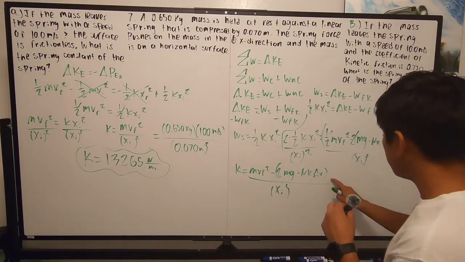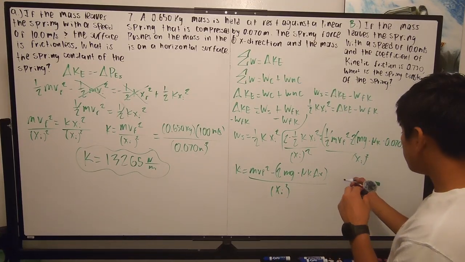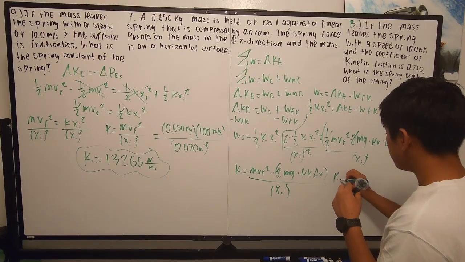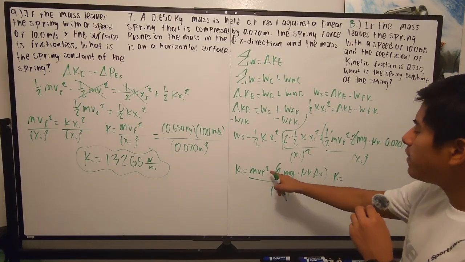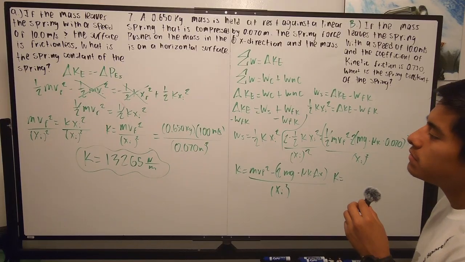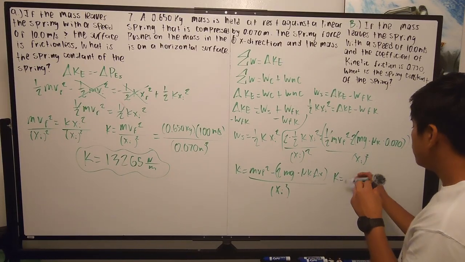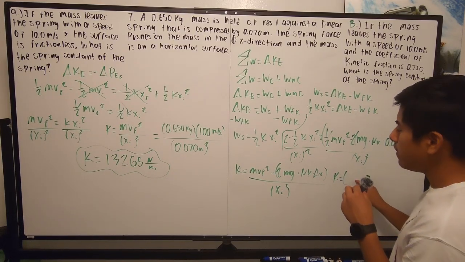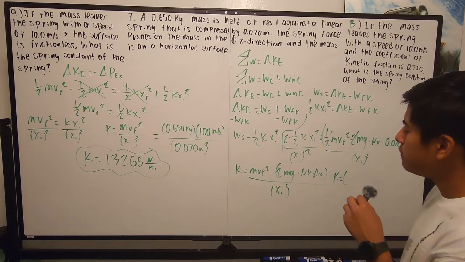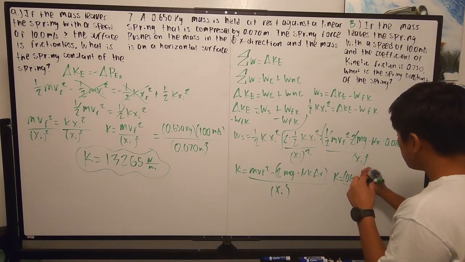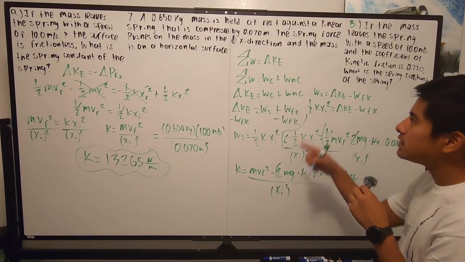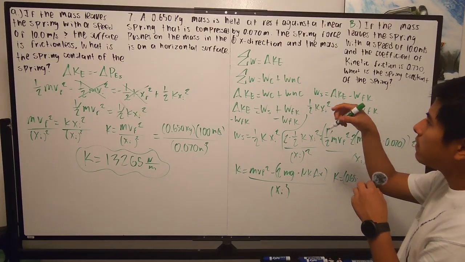Now I can go ahead and plug in all my values. For this one, I'm just going to plug in the numbers, and I'm going to keep them as short as possible because I'm running out of space here. mv final squared is going to be the mass multiplied by the velocity final squared, which is 0.65, multiplied by the velocity squared, which is 10. Where does it say that?